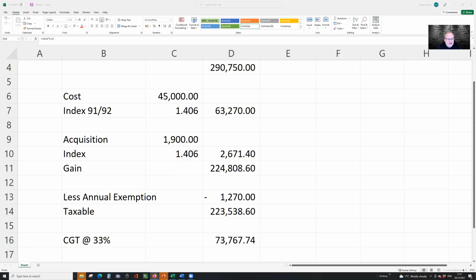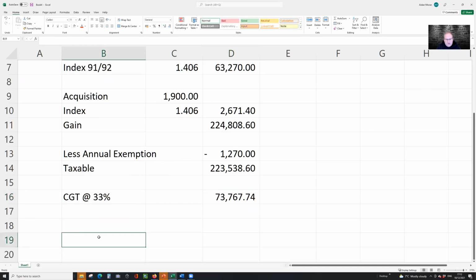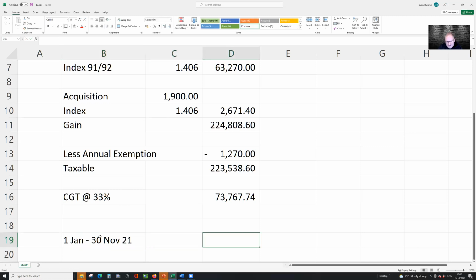When is that payable? Well, that's going to be important to work out. When is his bill actually due? His bill is going to be due, well, it depends on when it was disposed of. Because if your disposal is between the 1st of January and the 30th of November, let's say 2021, you must pay the tax by the 15th of December 2021.